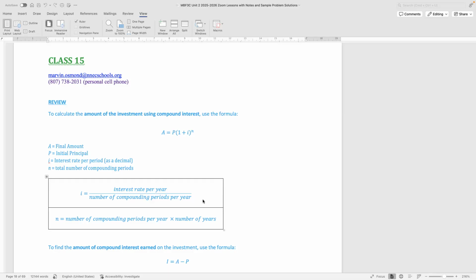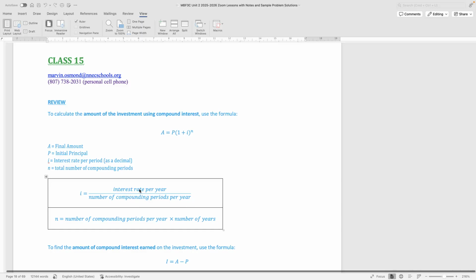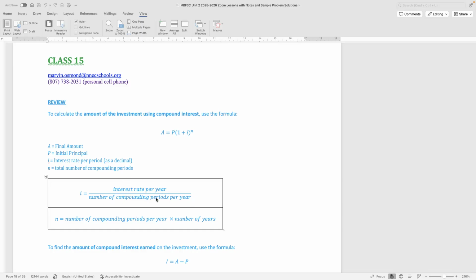I put a little table there to illustrate the formula we would use for i. i is the interest rate per year divided by the number of compounding periods per year. So if it's compounded monthly, we divide by 12. Compounded weekly, divide by 52, and so on.